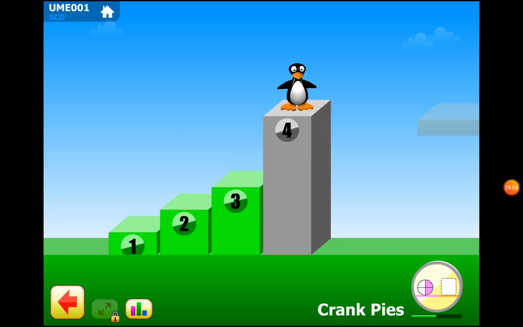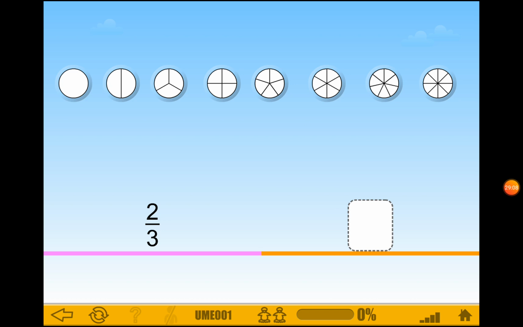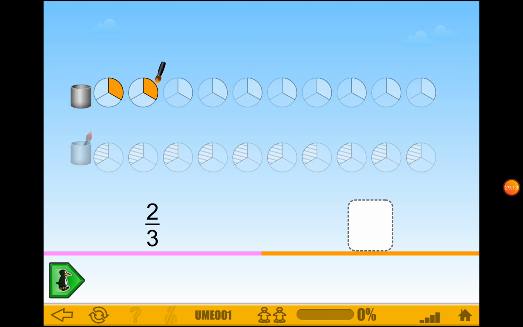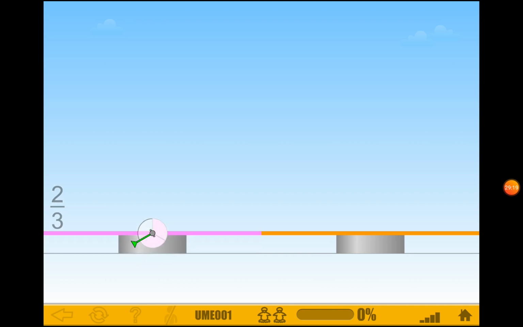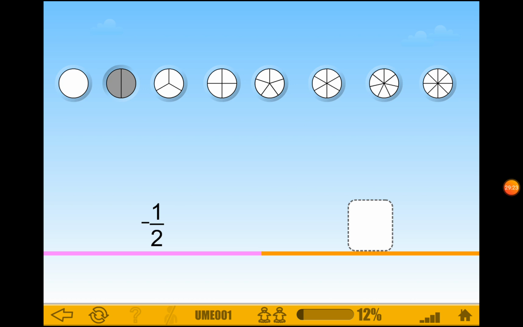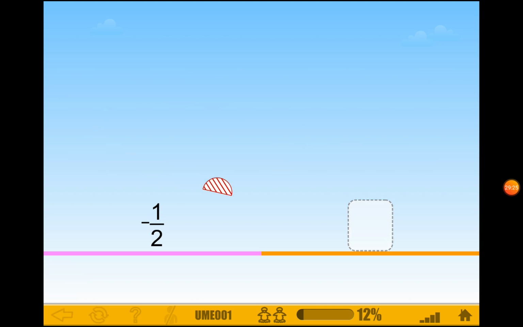Level 4. 2/3 is equal to this. 2/3. Okay, equivalency. Here we go. This is easy. So this is a negative half.